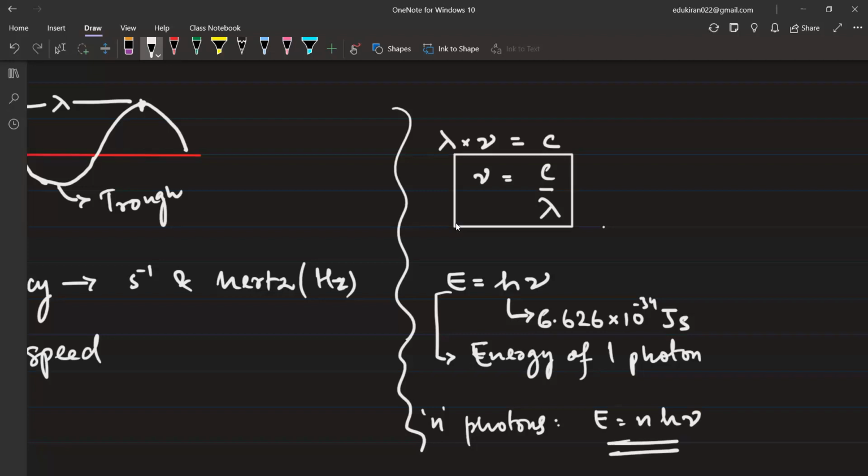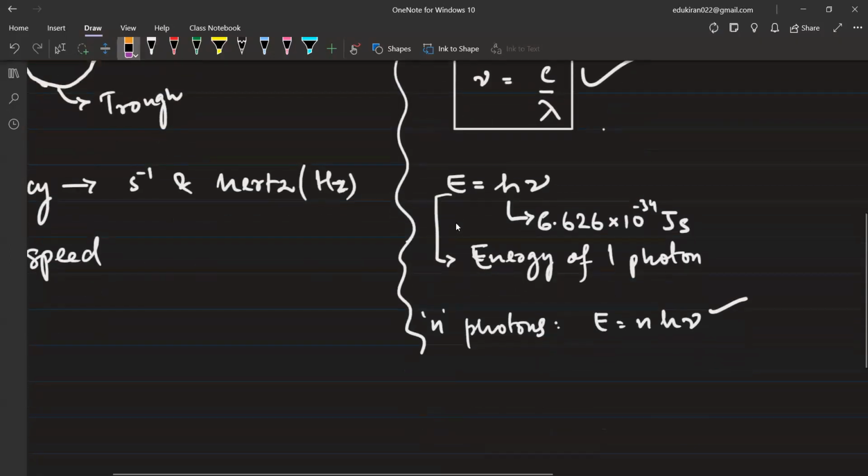Is this clear till here? Yes or no? Please tell me. Yes, sir. Okay. So please note down this formula: E is equal to N h nu. And for that, you can also write E is equal to N h C upon lambda.